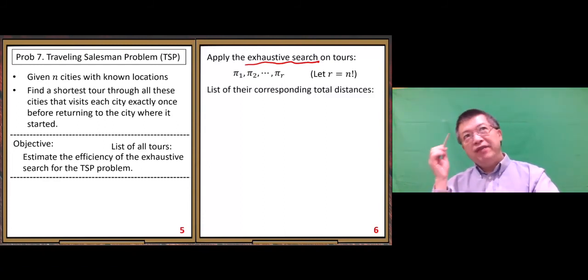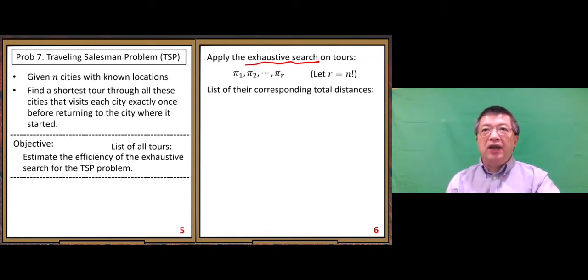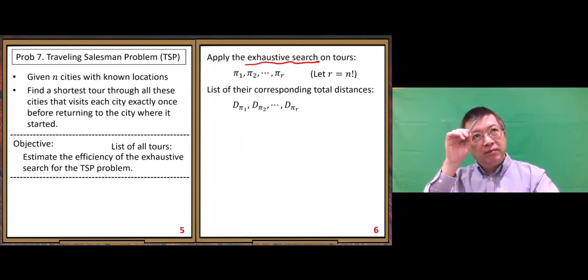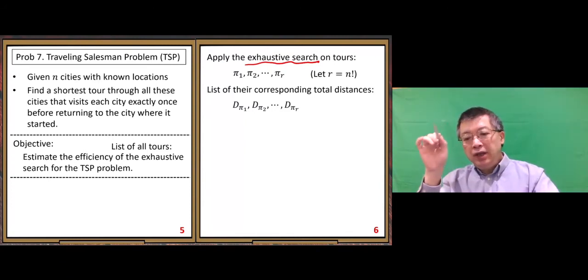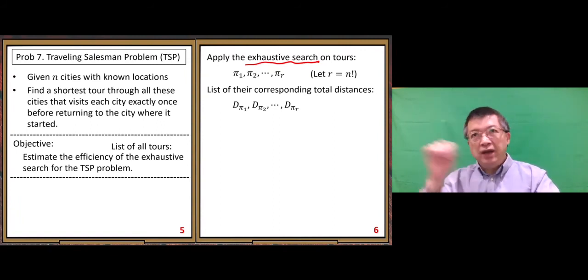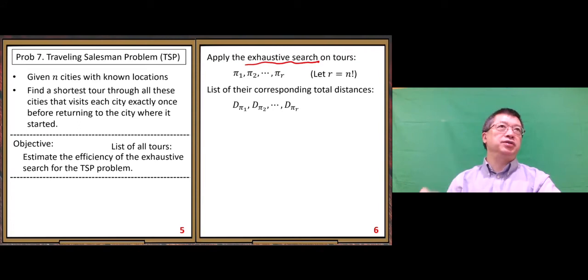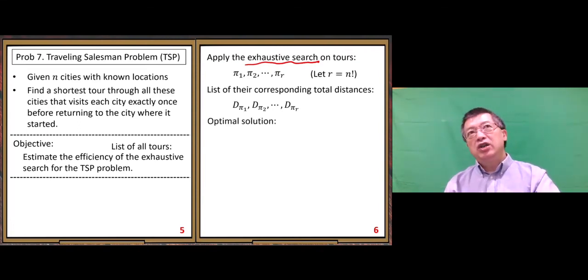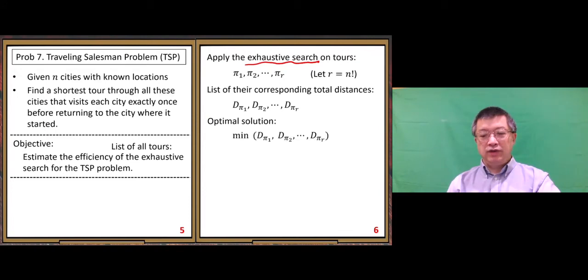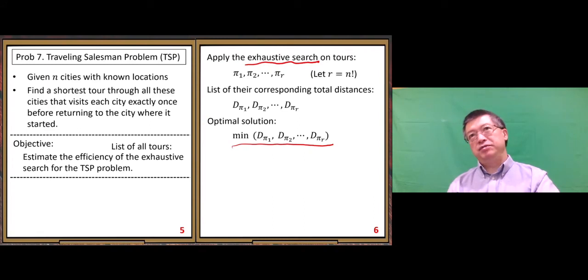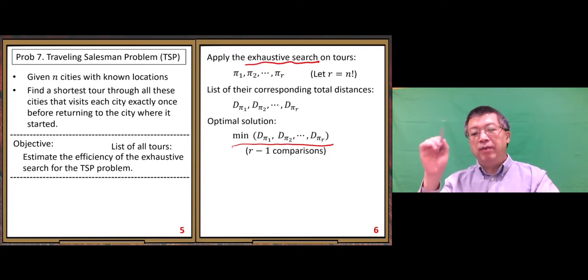Because given a tour we can calculate its total distance, we use d of pi 1, d of pi 2, ..., d of pi r to represent the total distances for all the tours. Among them, we can get the optimal solution, the shortest tour, by calculating the minimum of those numbers, with r minus 1 comparisons.